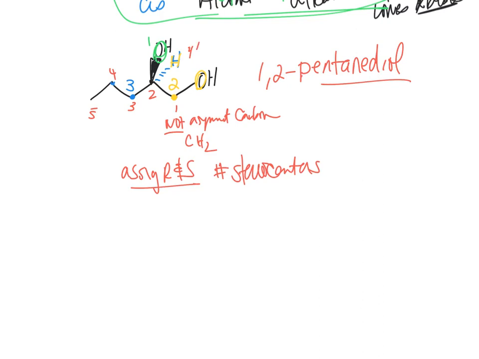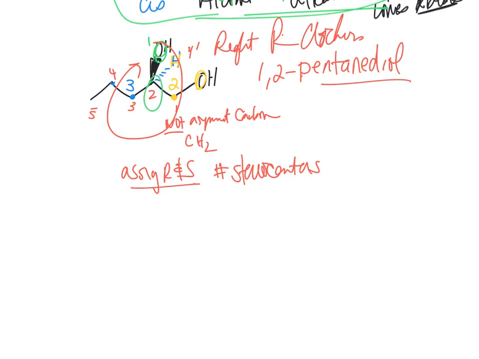And so you connect the 1, 2, 3. And you think about steering your car wheel to the right. So you're turning your car steering wheel to the right, clockwise. And the hydrogen stays in back. So then that would be 2R, 1,2-pentanediol.